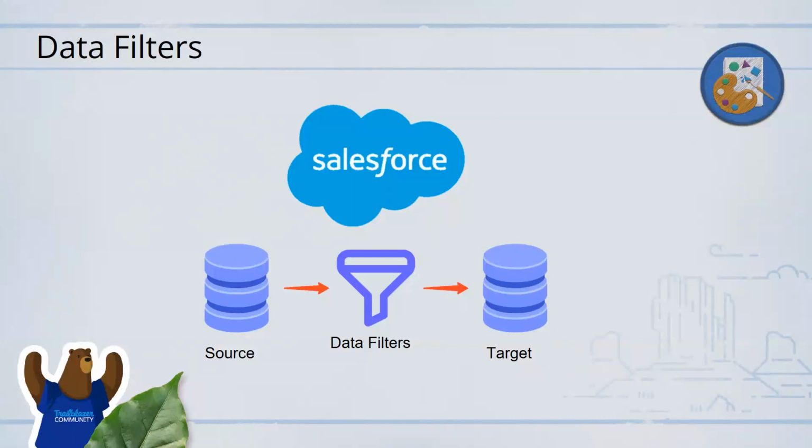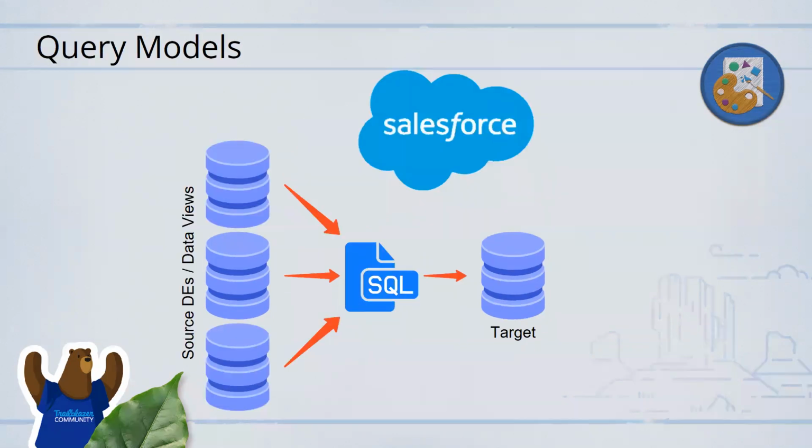Okay, very simple example for data filters is you have one source, one target, you can easily use data filters and it will work as a charm. You don't need SQL here. But another important one is when you want to consider multiple data views. Let's say I want to send email to all my subscribers who have received the email and at least opened once.